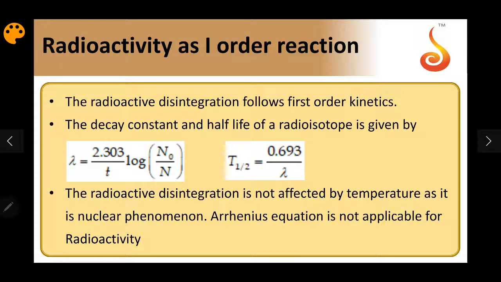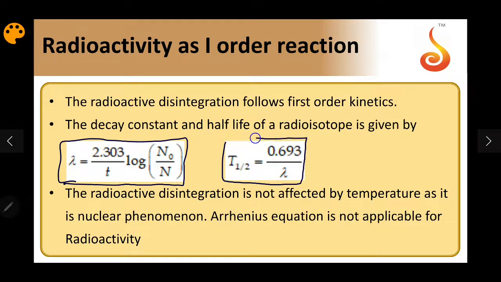So lambda is equal to 2.303 by t into log of N naught by N, and t half is again 0.693 by lambda.